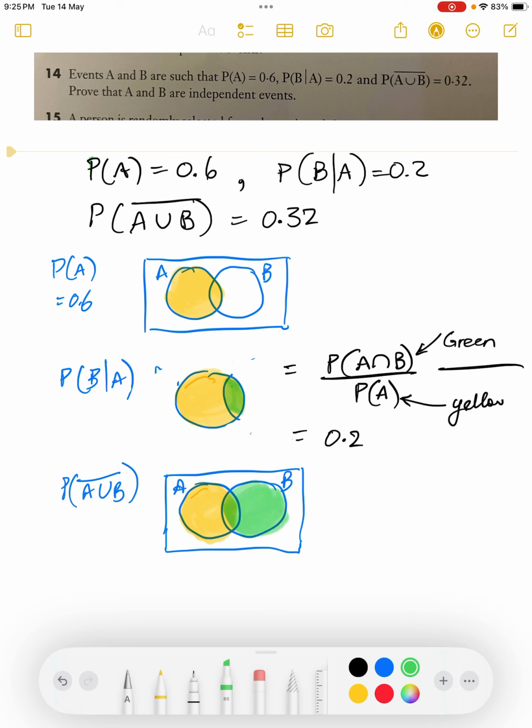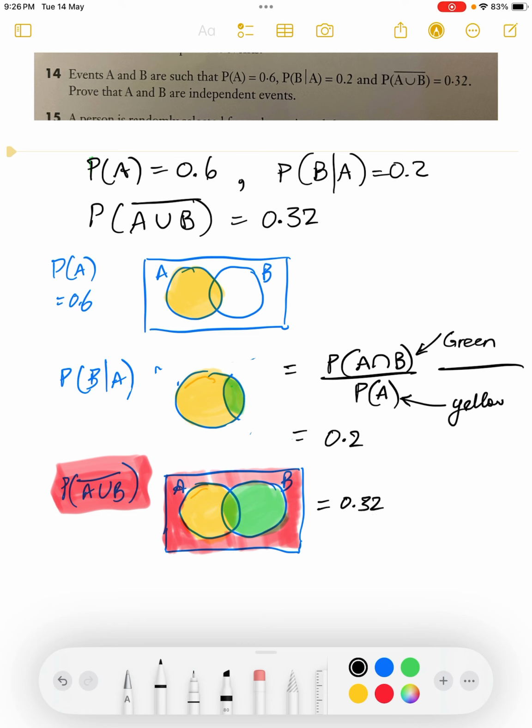And the probability of not A union B, and I'll highlight this, the red part, is the part that's around, not inside any of them. It's that part there. And that red part is 0.32.